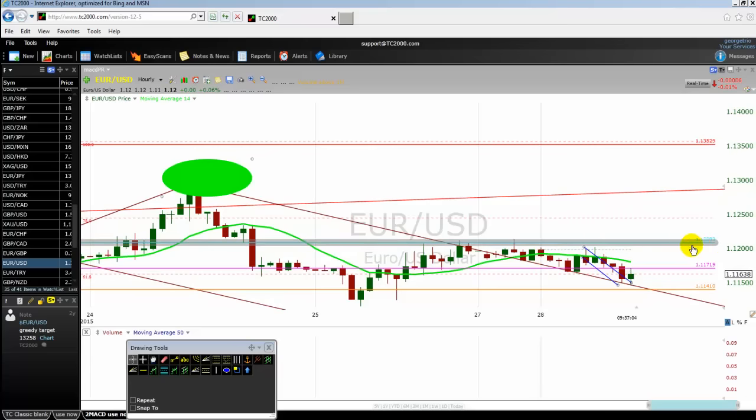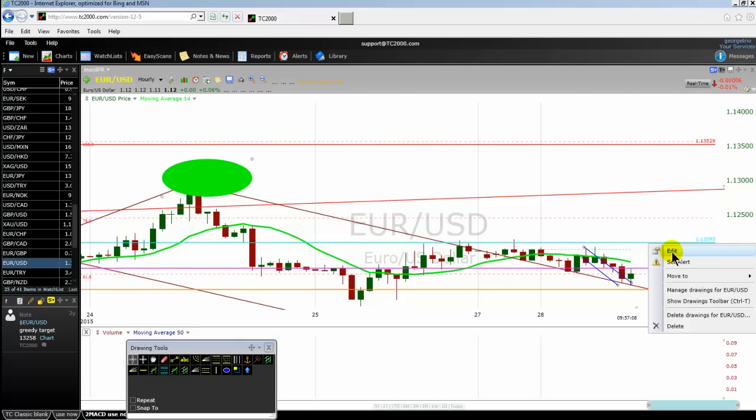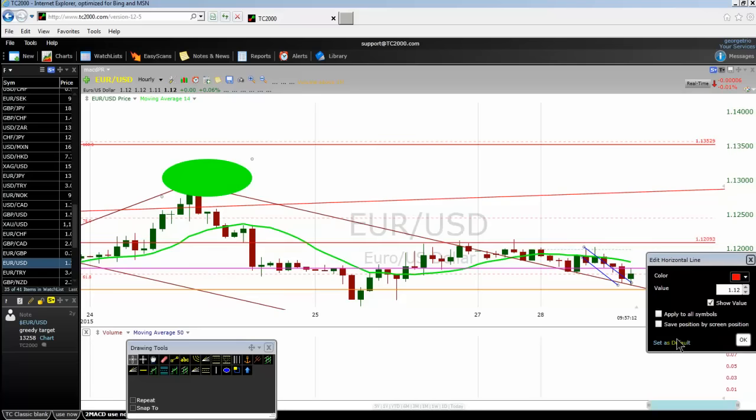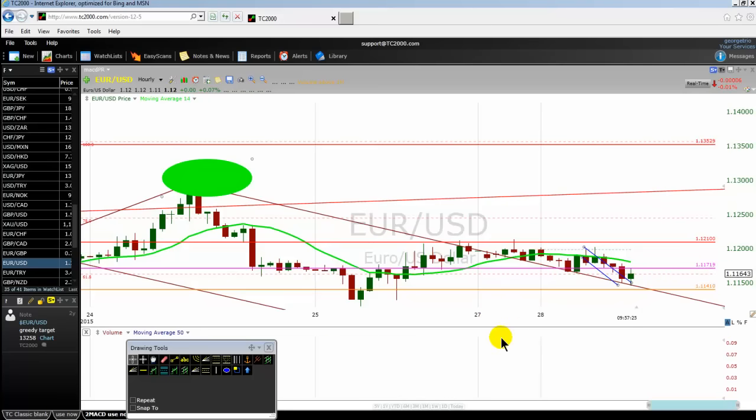here, say 1.1210. Let's change the color of these two lines so everybody can see them clearly on the chart. That's my target, 1.1210.